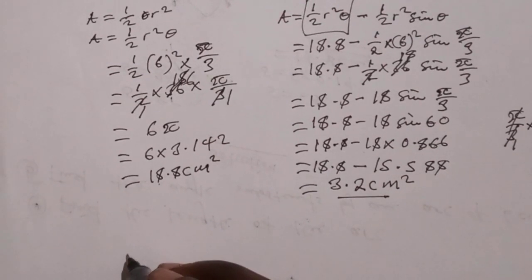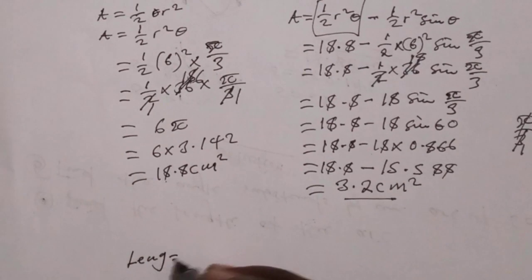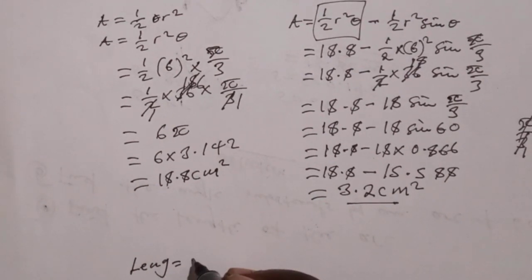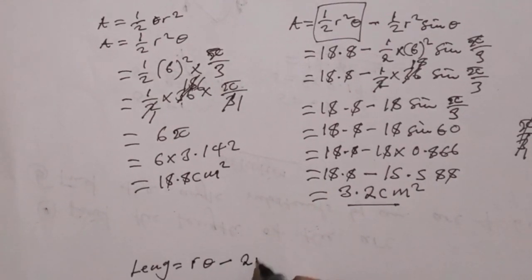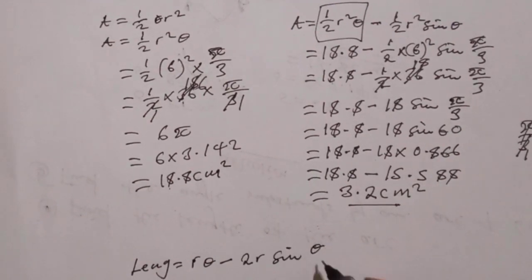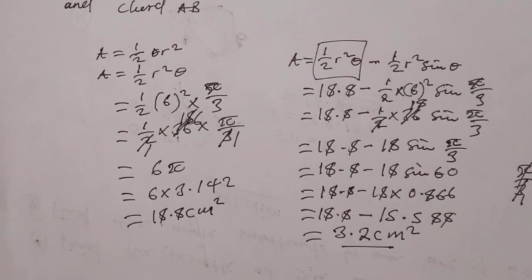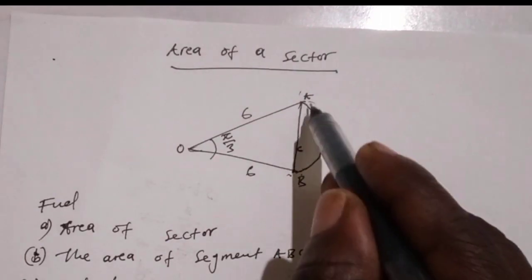We all know that the length is r theta minus 2r sine theta over 2. So this is the formula to use when finding the difference between the length of the arc and this chord here.